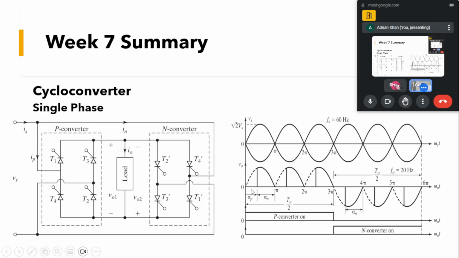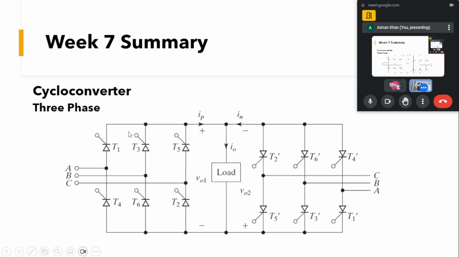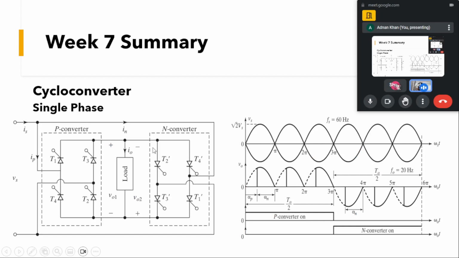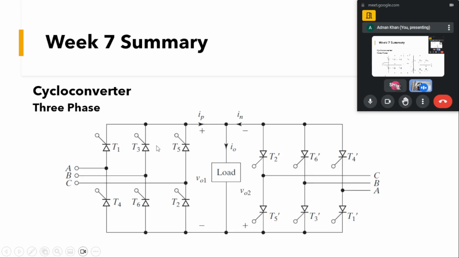So if this is alpha, the triggering of the N part will be at pi minus alpha. That is one thing that we need to remember: if we trigger the P converter at alpha, the N converter will be triggered at pi minus alpha. This was about the single phase cycloconverter.